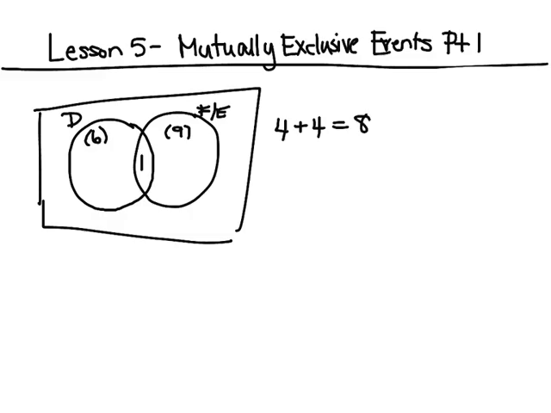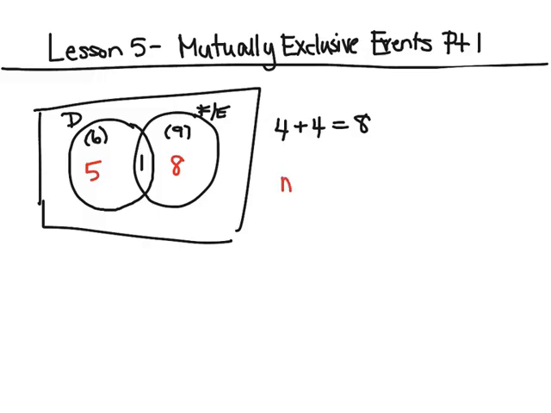So that means that there's 8 ways to only get 5s and 8s, and there's 5 ways to only get doubles. To determine these numbers, we can always remember the fundamental counting principle.